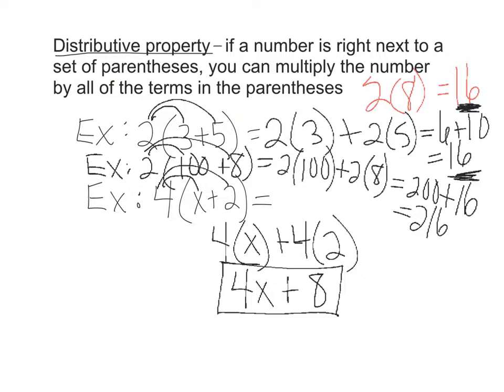So we would get this simplified to 4x plus 8. That's considered to be more simplified. So 4x plus 8 would be my simplified answer for that expression. And again, I don't have any option. I don't know what x is, so I can't add the x and the 2 together.